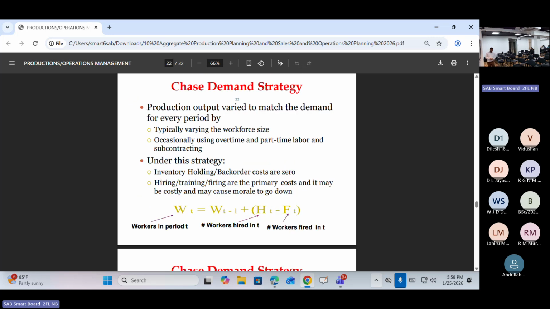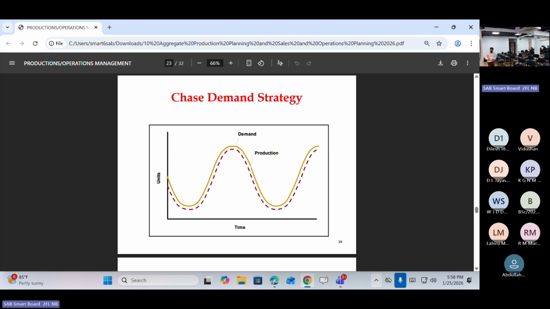So the second strategy is called the chase demand strategy. Chase demand. Compared to the earlier approach, in chase demand, as shown in slide number 23, as the demand fluctuates over a period of time, chase demand strategy recommends change in the production rate also.